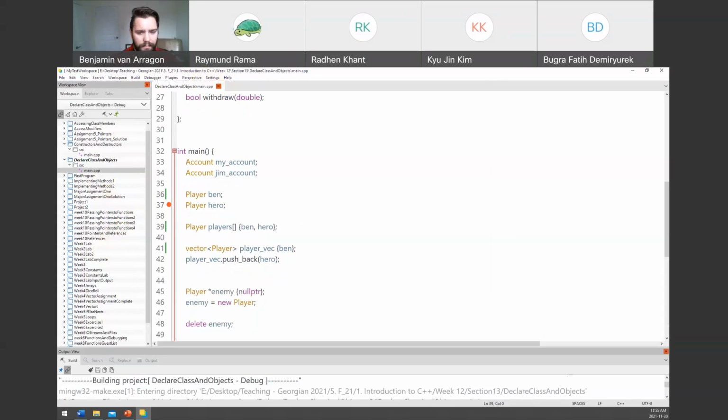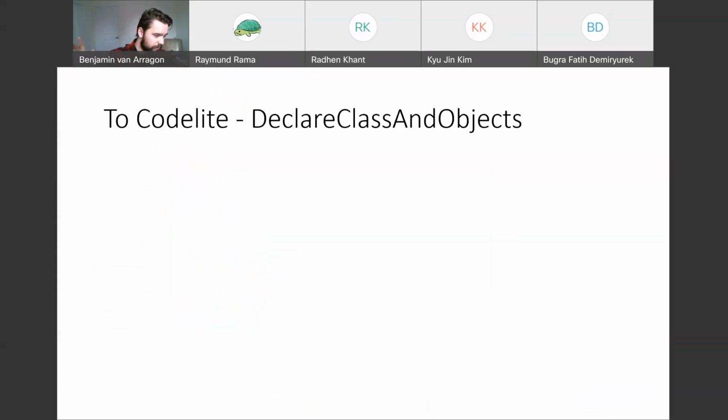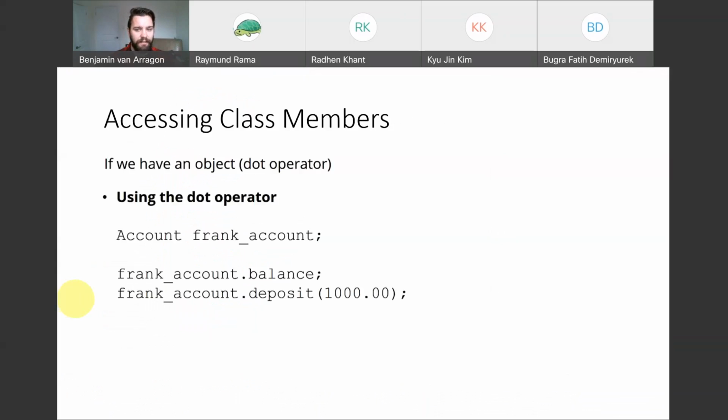So you might say, that's great. We can create a class, we can create an object. How do we access it? How do we get those values? If I wanted to print out the name of my player, how do I do that? Well, we have to be able to access class members. If we have an object of a class, then we use the dot operator, right?